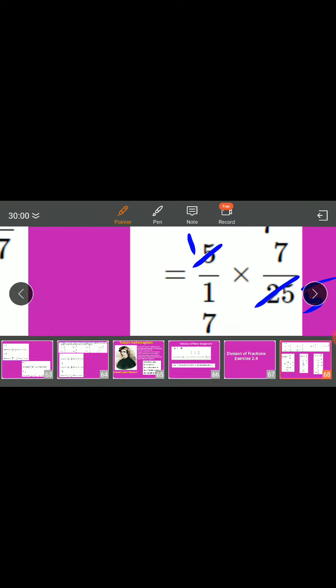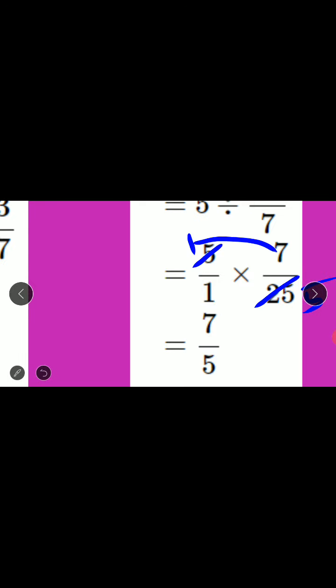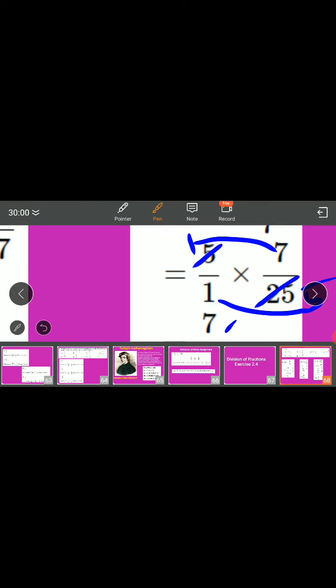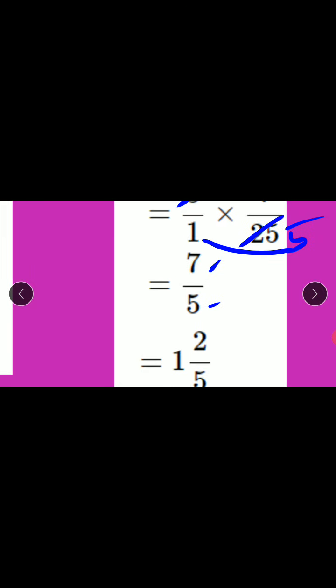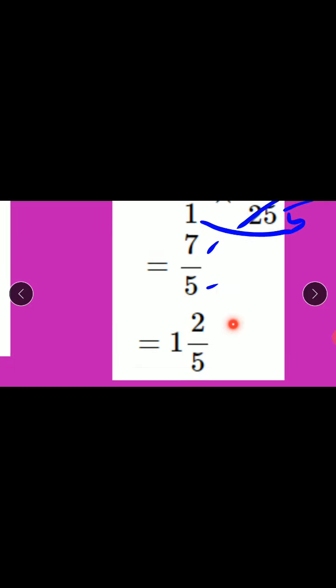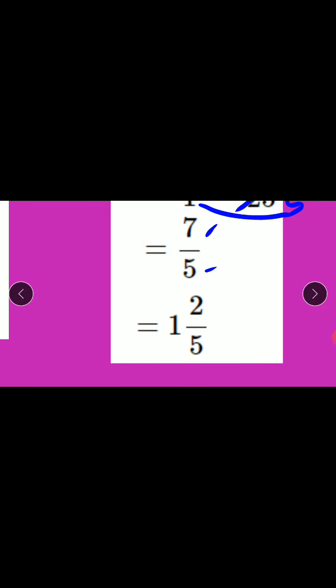What is the next step? Multiply the numerators, multiply the denominators. 1 sevens are 7, 1 fives are 5. So 7 by 5. Again it is improper. So we are changing into mixed form. 7 divided by 5.